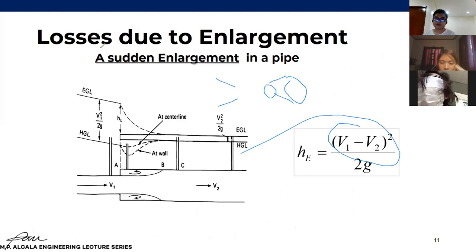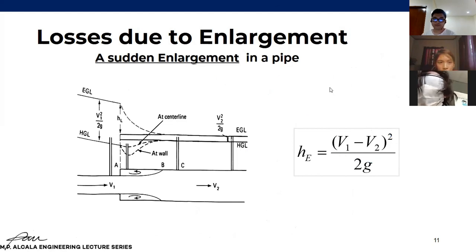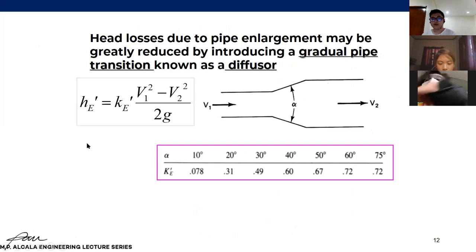Okay? Head losses due to pipe enlargement may be greatly reduced by introducing a gradual pipe transition known as, ano naman yung tawag? Kanina, confusor. Ngayon, diffusor. Okay?